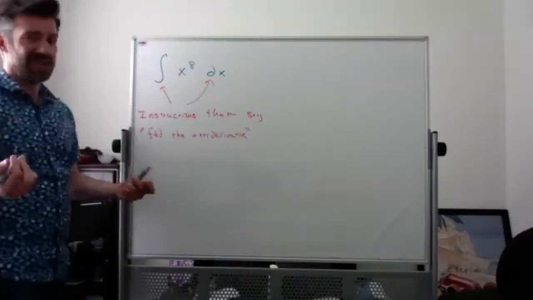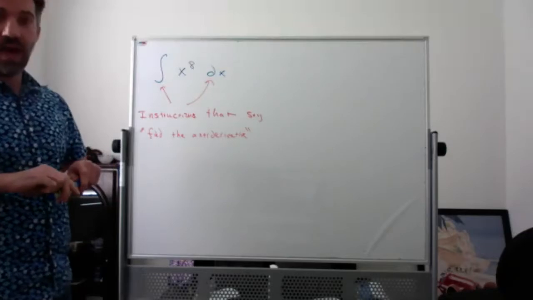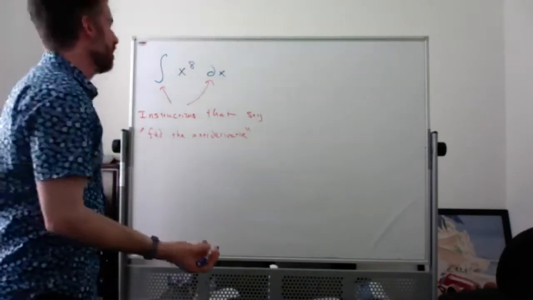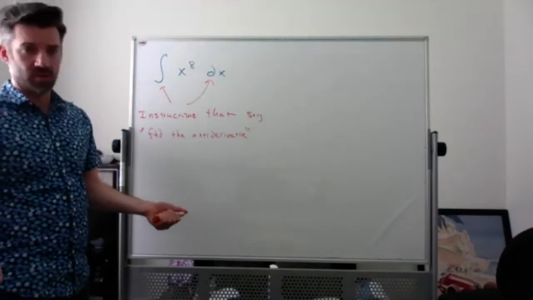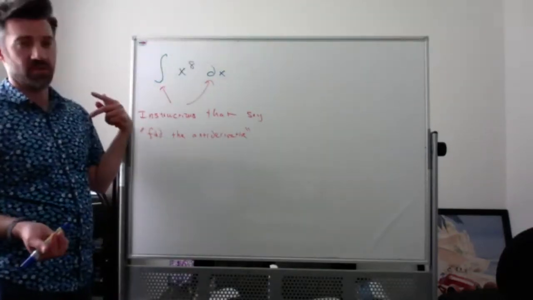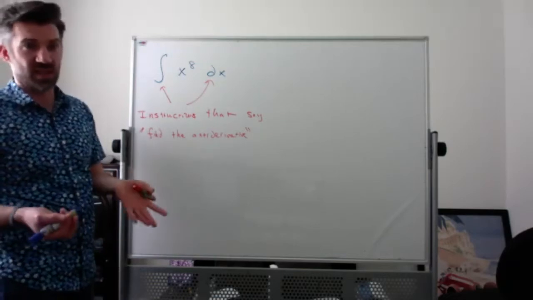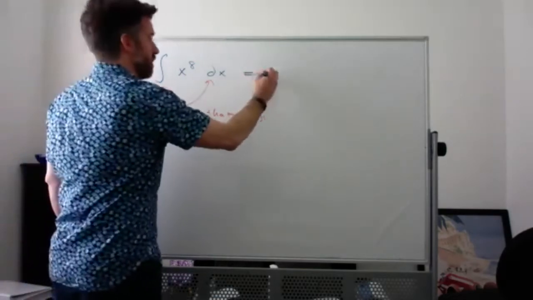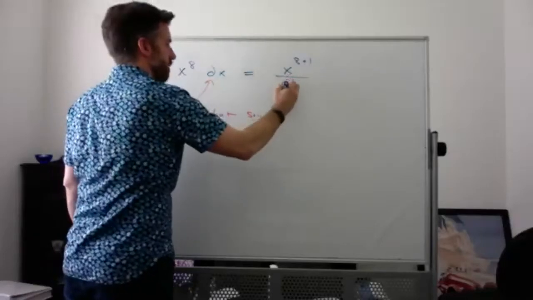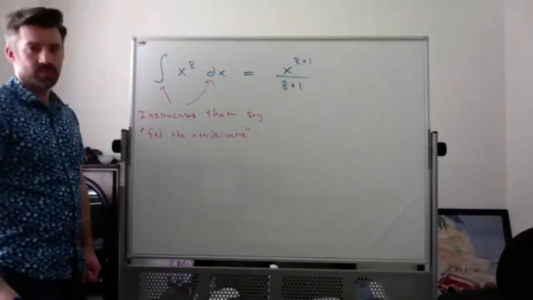If I'm trying to find the antiderivative of x to the 8th, for powers of x we have what I like to call the anti-power rule. For the regular derivative power rule, you bring down the power and subtract 1 to get the new power. For the antiderivative power rule, we do the reverse things in the reverse order. We increase the power by 1 and then divide by the new power, which is 9.